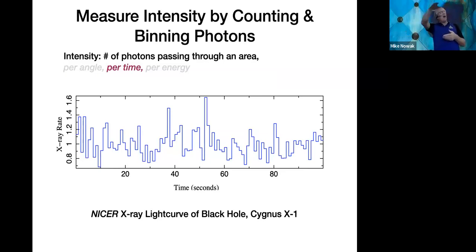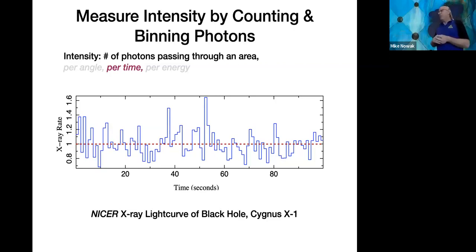On the x-axis, I'm listing time. I'm binning things up in 1 second. And on the right axis is essentially a normalized version of the number of photons. I've made an average of 1. I've taken out the total number because that's not really important.